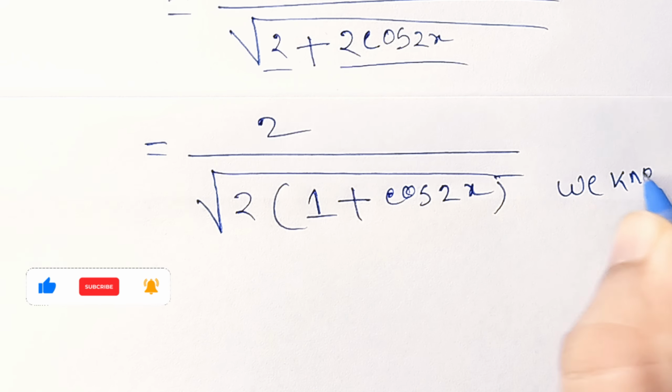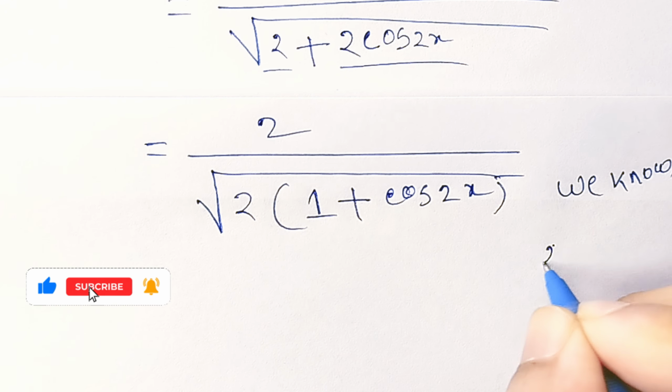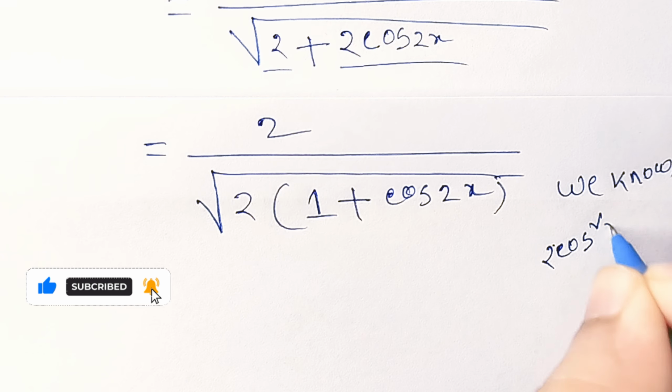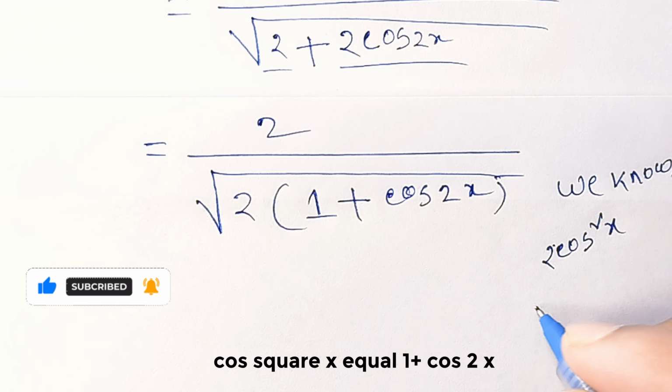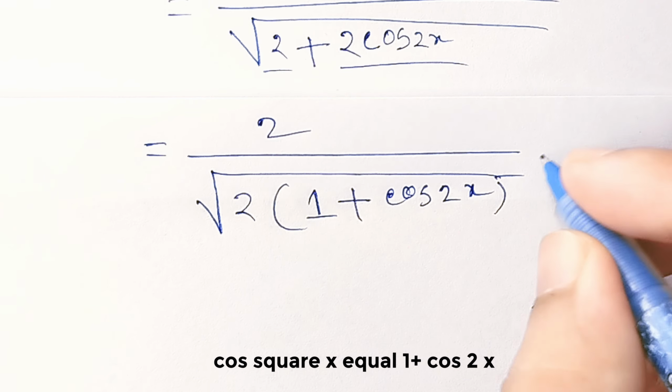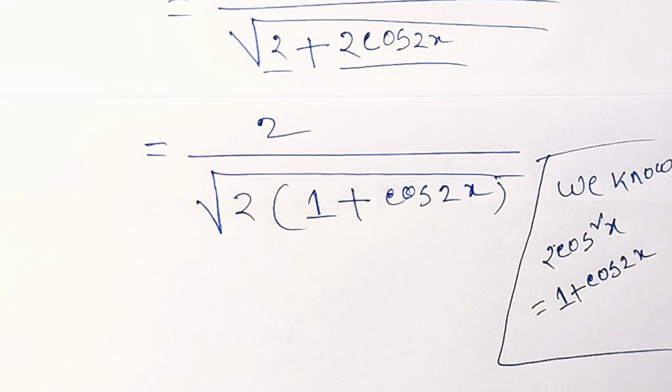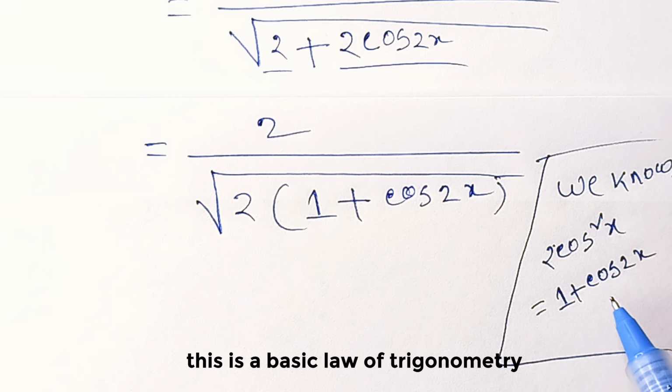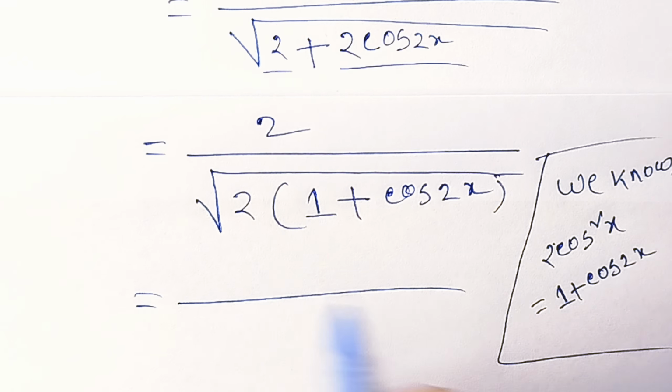We know 2 cos square x equals 1 plus cos 2x. This is a basic law of trigonometry.